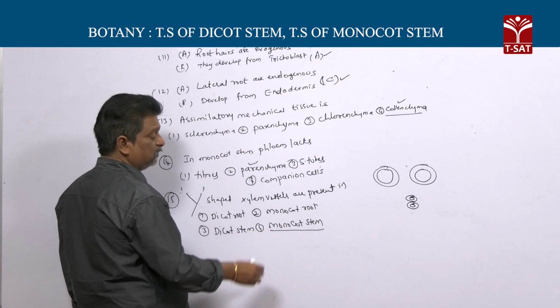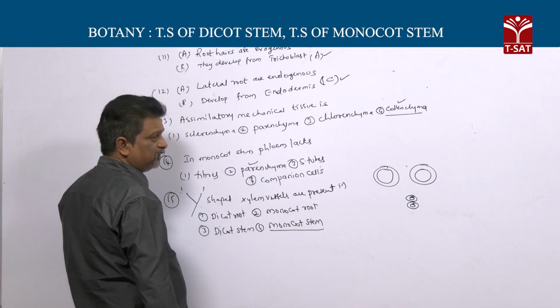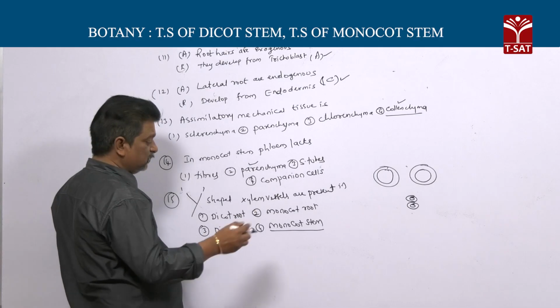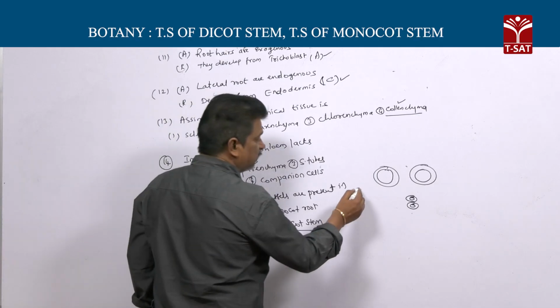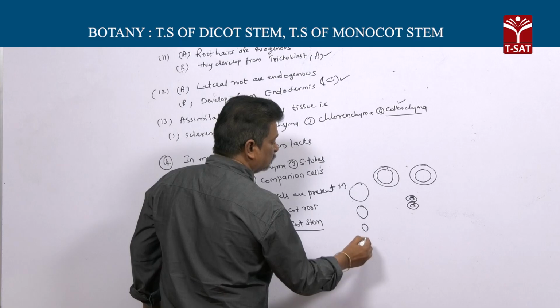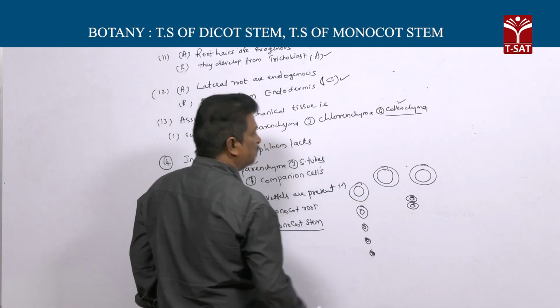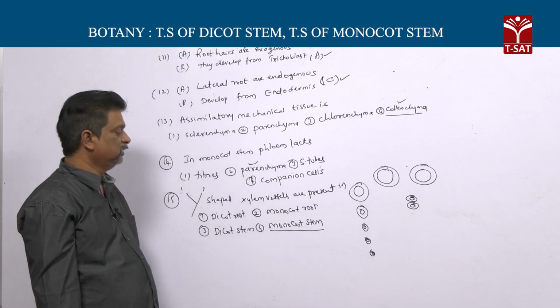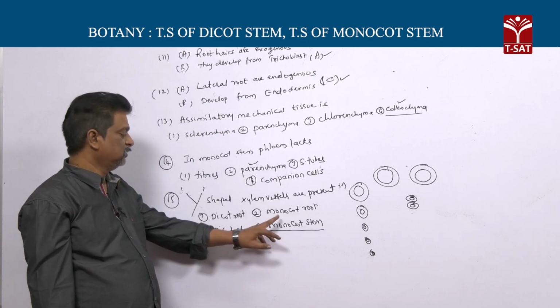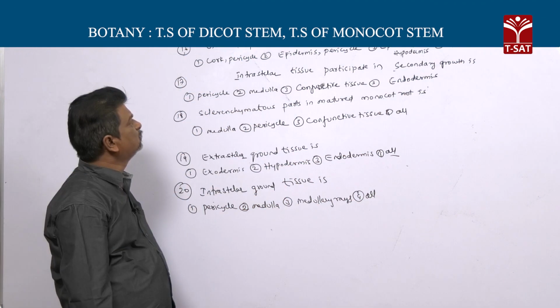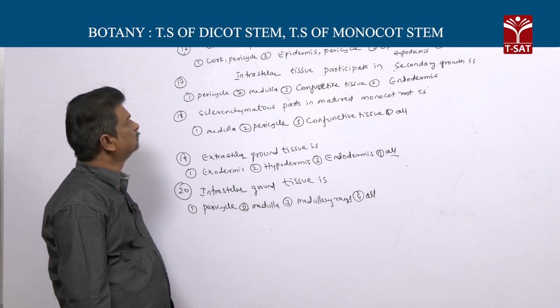So in monocot stem, xylem vessels are very few: 2 metaxylem, 2 protoxylem, arranged in a Y shape. If the question is about dicot stem, in dicot stem xylem vessels are many and arranged linearly. So the answer is monocot stem.